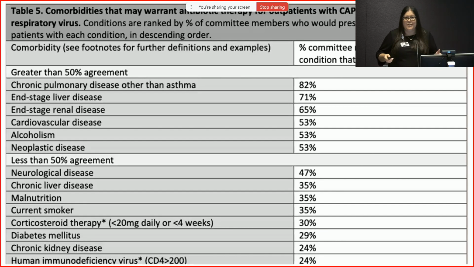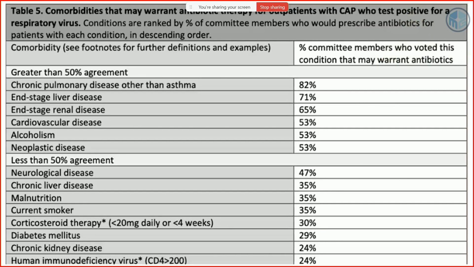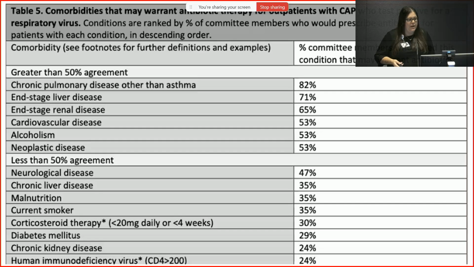But when we hear comorbidities, I always think, like when we had COVID, they have greater risk, the patients with comorbidities. So there's not an exact science to which comorbidities would warrant that antibiotic treatment, but the members of the committee kind of put in which conditions they would agree to prescribe antibiotics in, and which they had less agreement on.